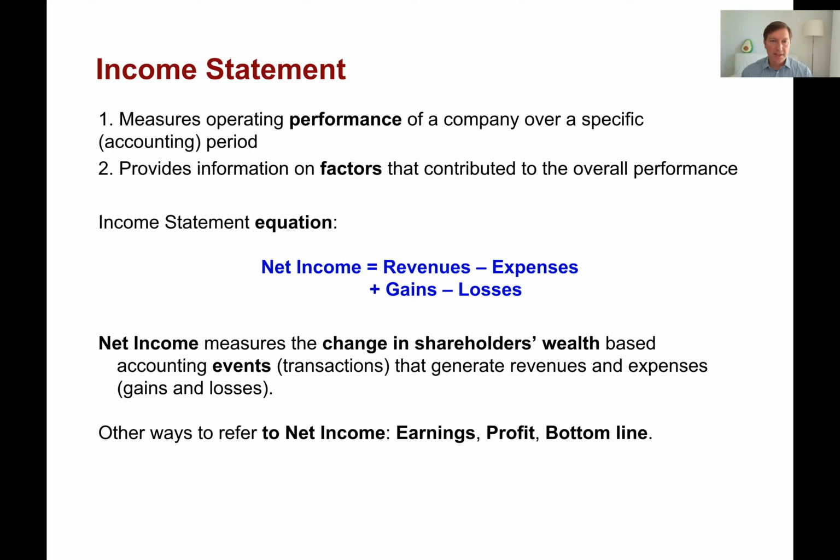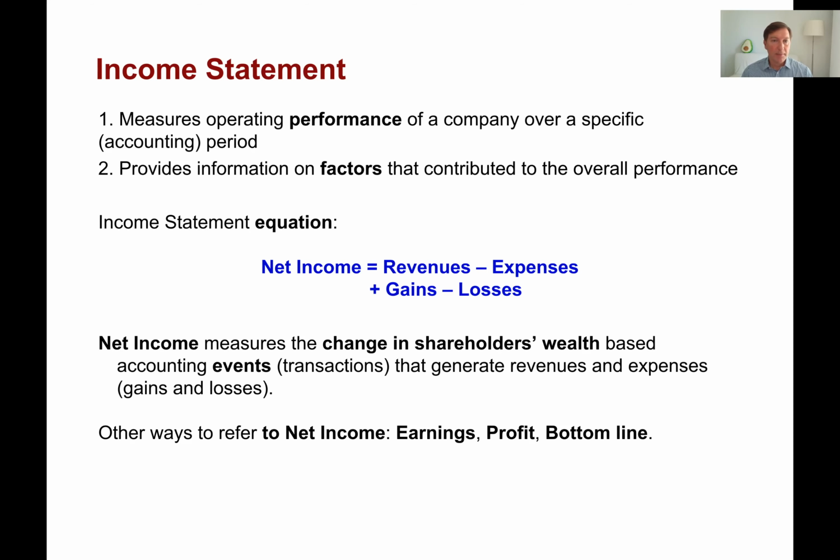Revenues and expenses tend to be repeated every period, right? These are called recurring items. Whereas gains and losses happen once in a while. They are called transitory items. We are going to focus, of course, mainly on revenues and expenses because these are the key drivers of the value the business is creating.